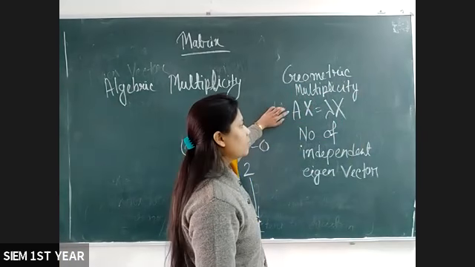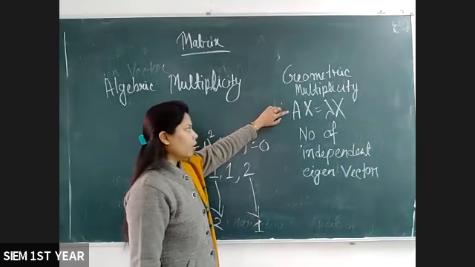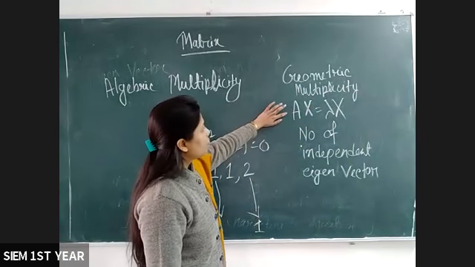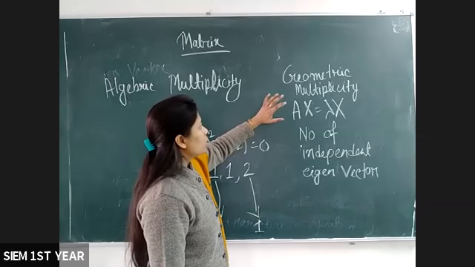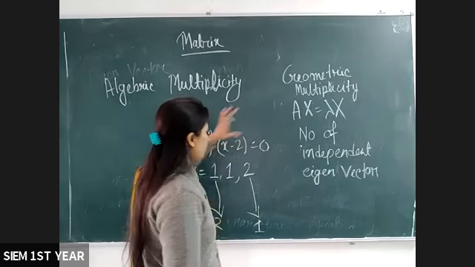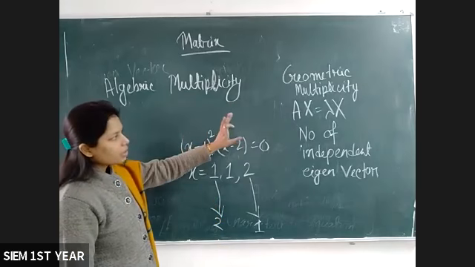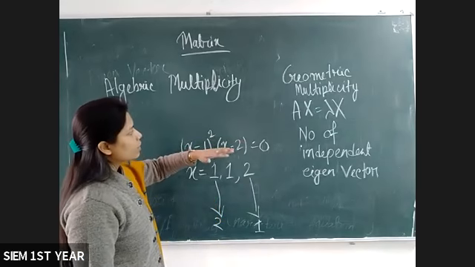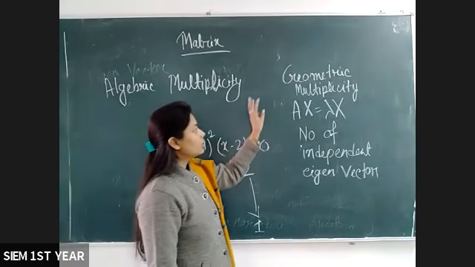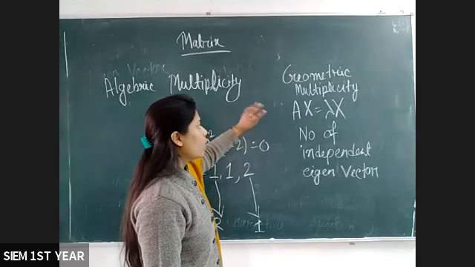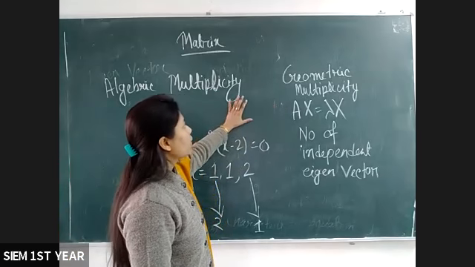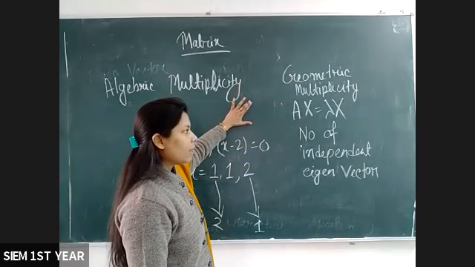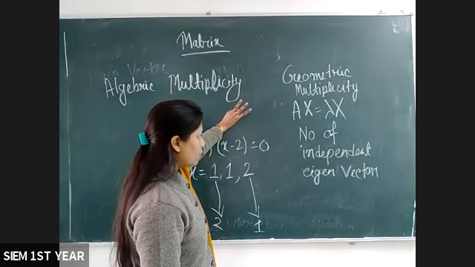Suppose A is a square matrix of order 3 by 3. Then you will get a third order characteristic equation, and after solving this equation, you will get 3 eigenvalues. You have to remember this: if A is a 3 by 3 matrix, you will get 3 eigenvalues.